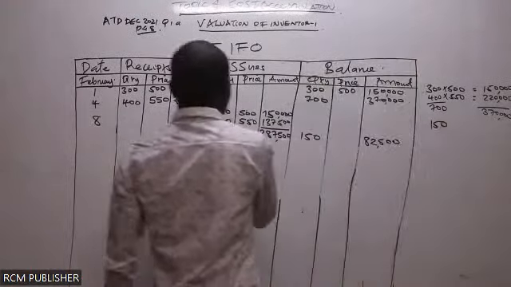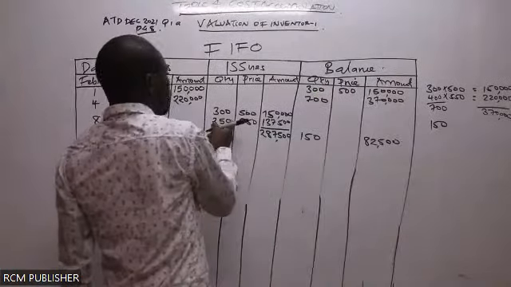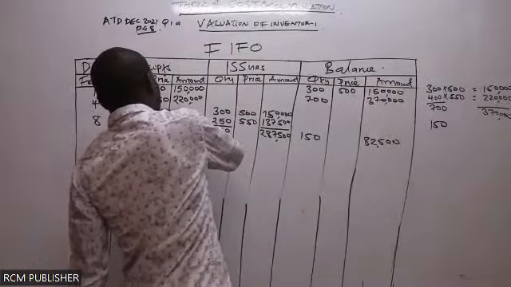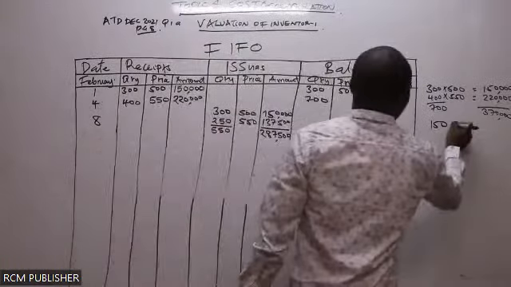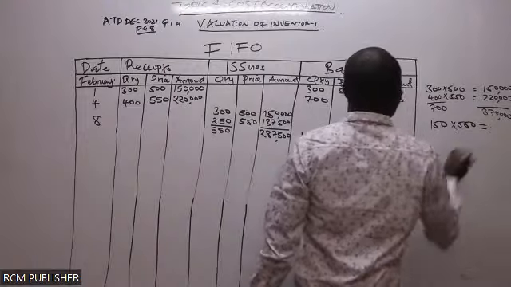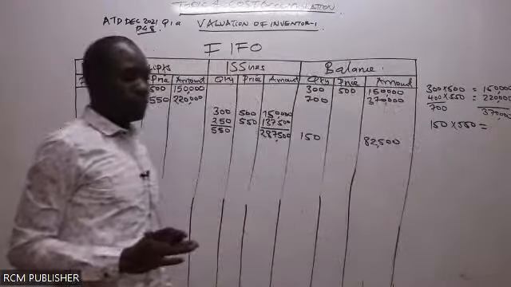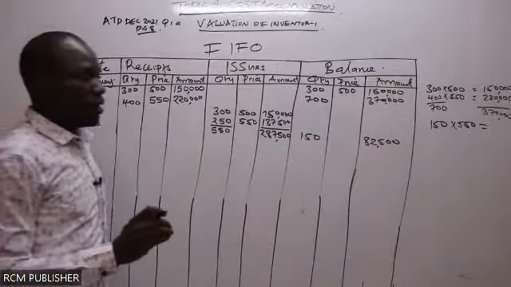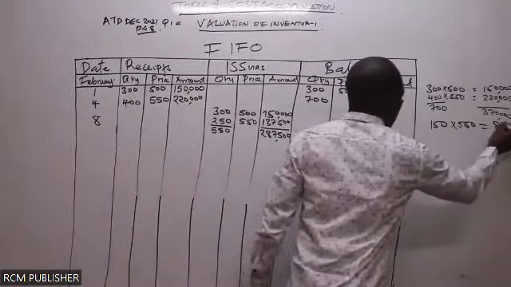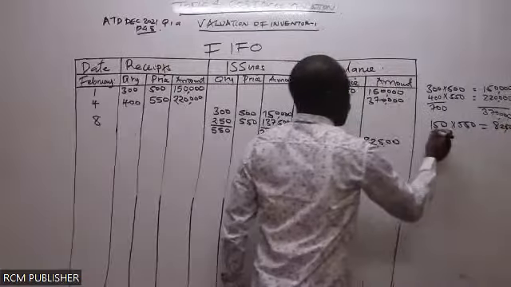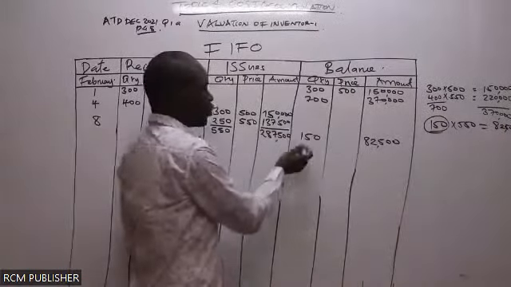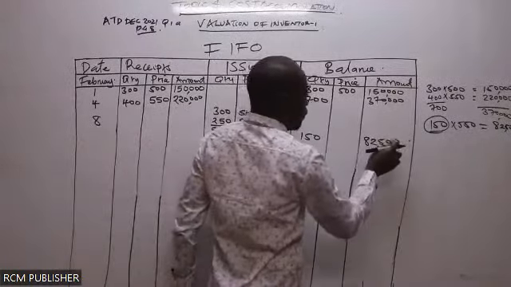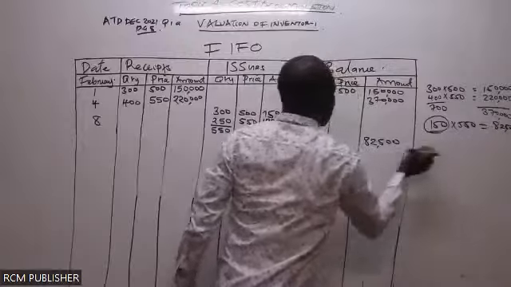Because that is what we are having. We add 400, we've taken 250. The balance is 150. And we multiply by the price that was used to bring them in, 550. Tell me, what are you getting? 150 by 550. What are we getting? 82,500. So the 150, that is units, is what we have here. Then the value 82,500 is what we have here.